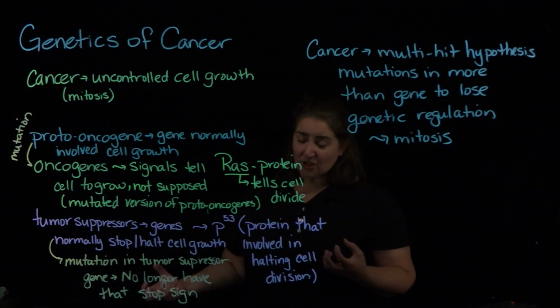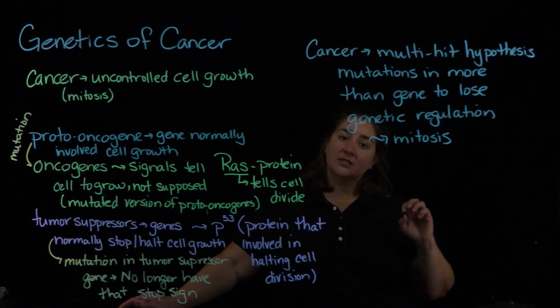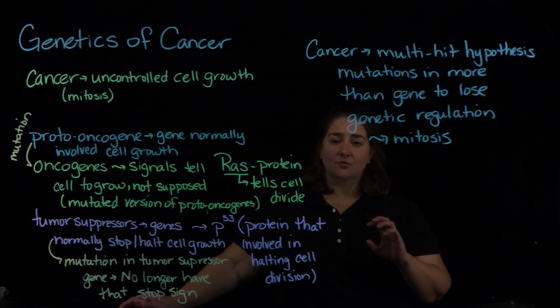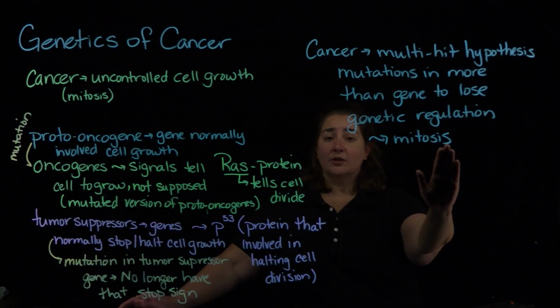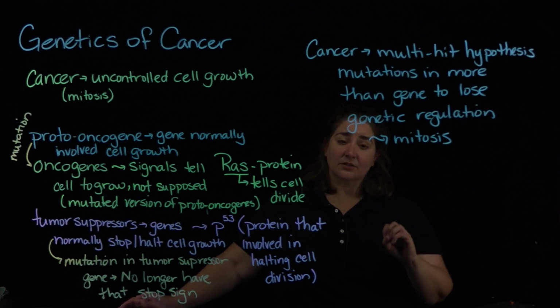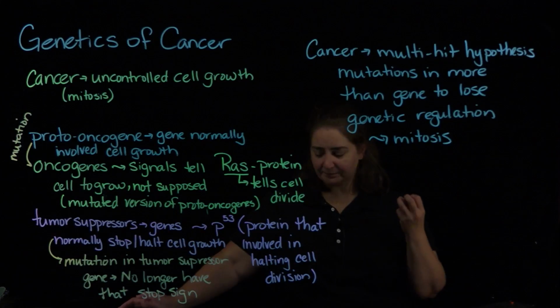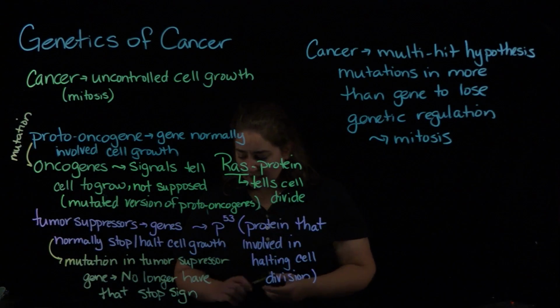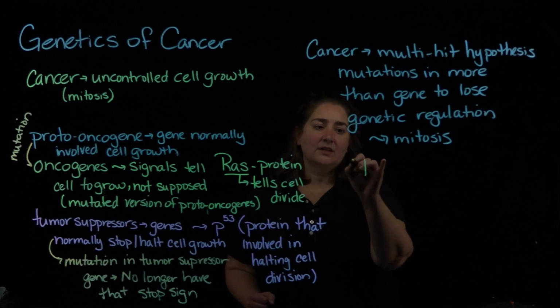So in terms of the genetic regulation of cancer, it's really interesting how different genes come together to regulate essentially that process we talked about weeks ago, mitosis. Okay? Because you only want to have cells undergoing mitosis when you need to replace other cells or when you have damage.